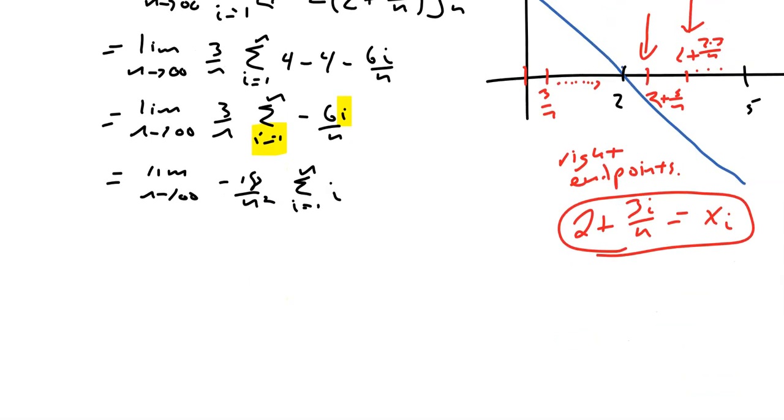Now what? This piece right here, there are some formulas in the book, and we're going to get to these more later, but just take my word for it. This is n times n plus 1 over 2. So I'm going to substitute in that formula to figure out what that sum is.